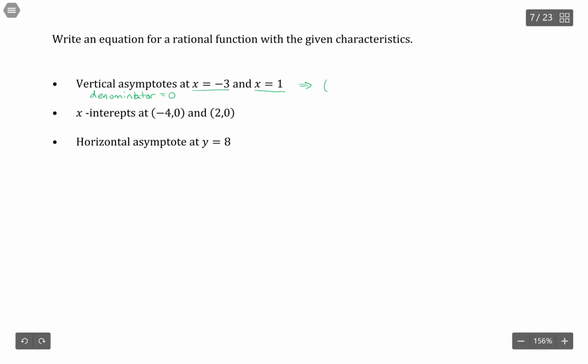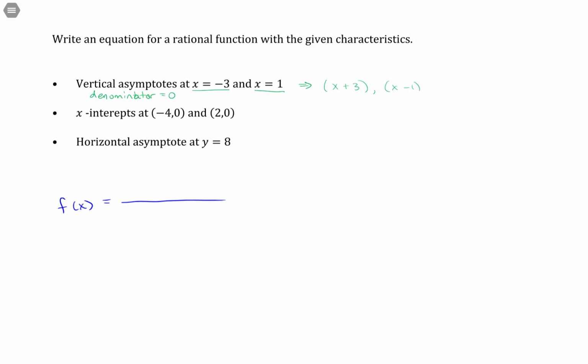For instance, I can take x equals -3 and make it a factor of x plus 3. And if I have x equals 1, I can make it the factor x minus 1. So already I'm off to a great start. I've got f of x equals some rational function whose denominator is x plus 3 times x minus 1.